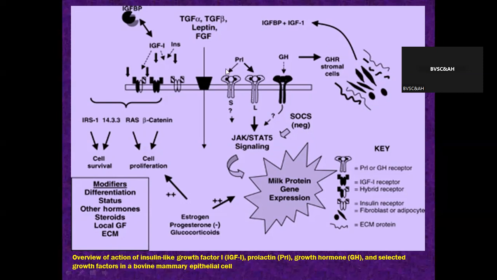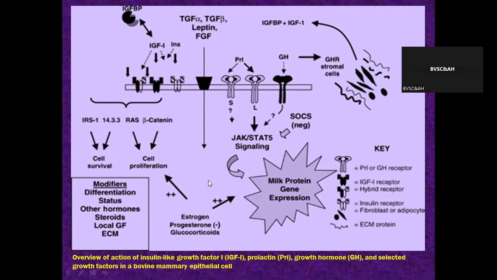Then IGFs and insulin act through cell survival and cell proliferation. That's very important in galactogenesis or galactopoiesis. So cell proliferation is very important, and cell survival is very important to maintain lactation during the lactation cycle.